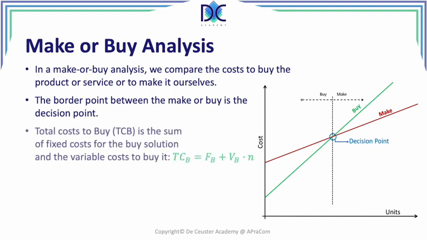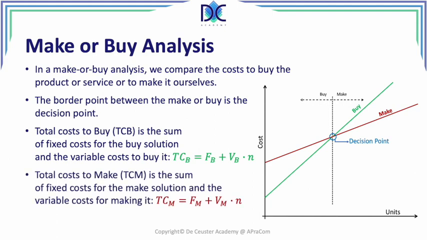We also have to look at the total cost to buy, TCB, which is the sum of fixed cost for the buy solution and the variable cost to buy the solution. The next thing is to look at the make cost, total cost make. It's the sum of the fixed cost for the make solution and the variable cost for making it. The combination of those two leads to the formula of the decision point.